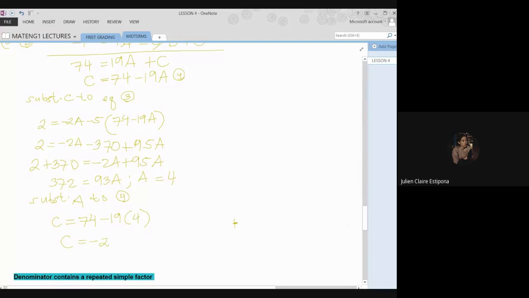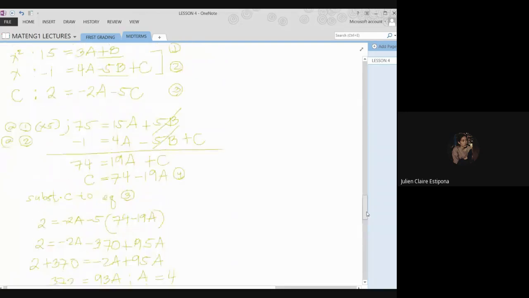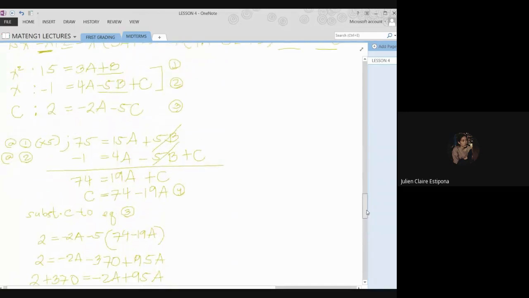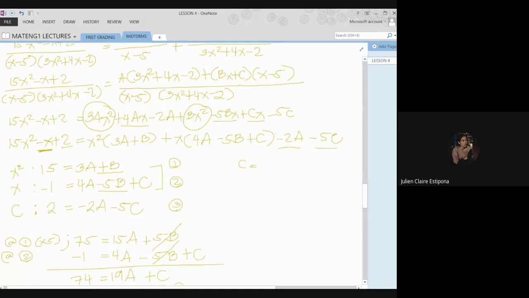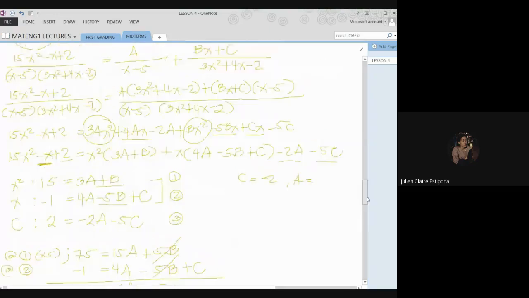So now we have there the value of A and C. We now obtain the value of B. So our C is equal to negative 2, and A is equal to 4.